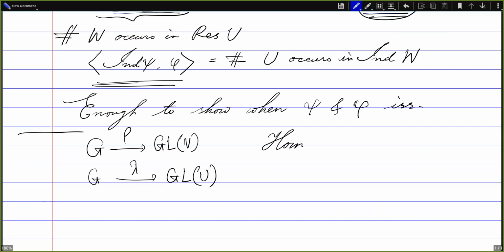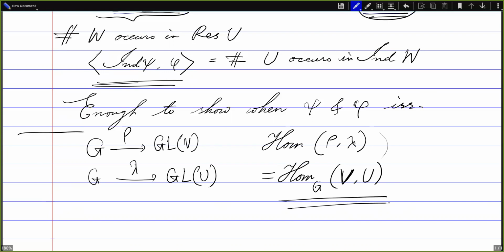We recall that Hom_G(V, U) is another notation for this. It stands for the set of all G-invariant linear maps from V to U. Okay. So it's a vector space. Sometimes we write it using either of these notations.